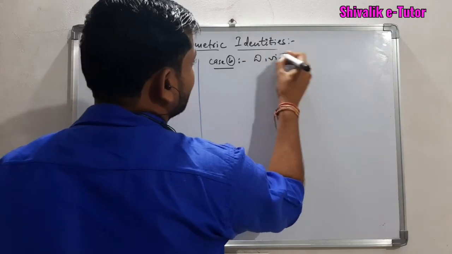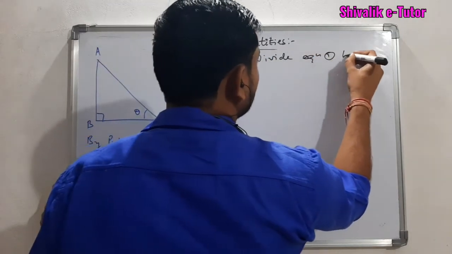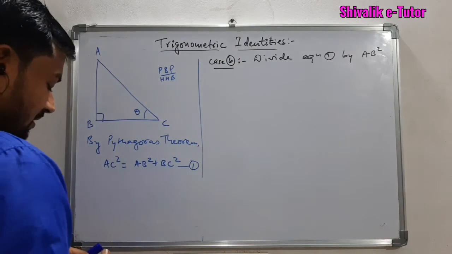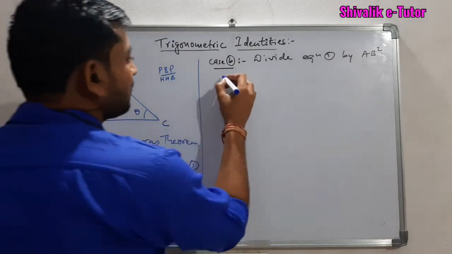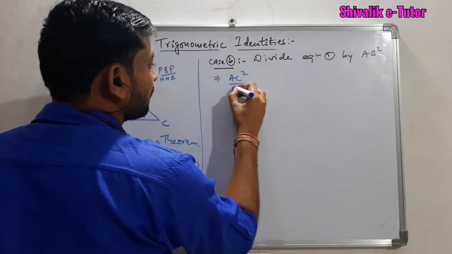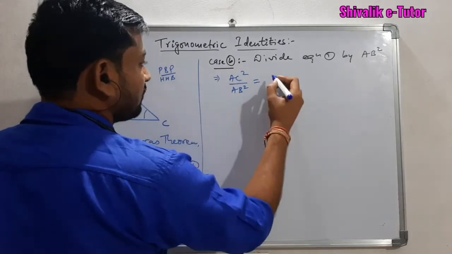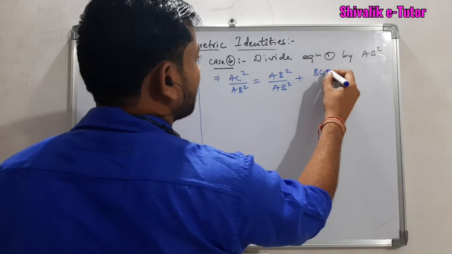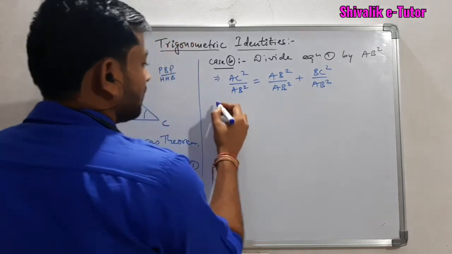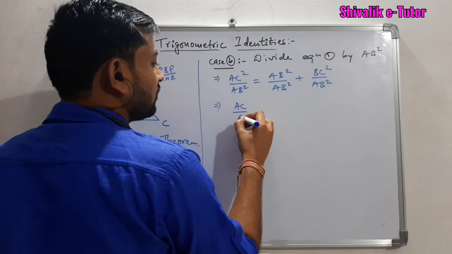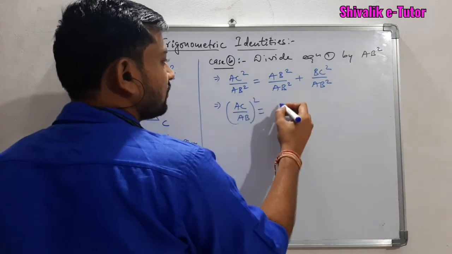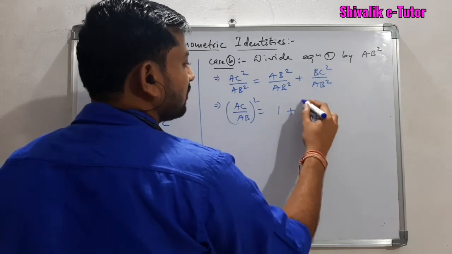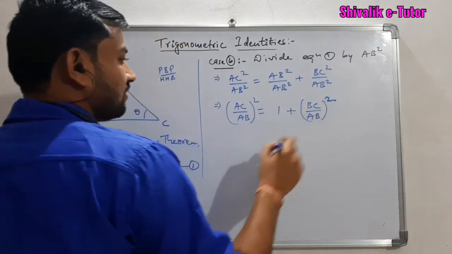The LHS of equation 1 is AC square, so here we will get AC square upon AB square is equal to AB square upon AB square plus BC square upon AB square. If we combine this, we get AC upon AB whole square is equal to 1 plus BC upon AB whole square. This is the relation we are getting.